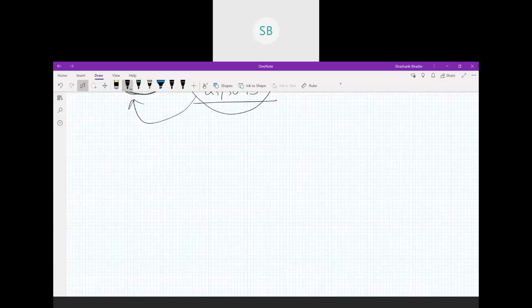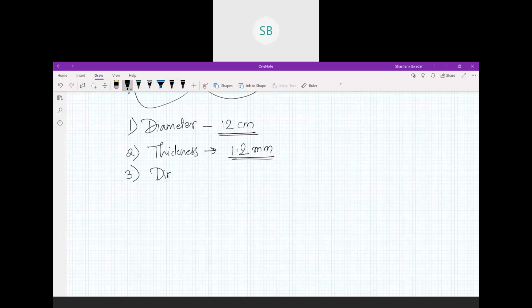The third parameter is direction of rotation. It is anti-clockwise. The fourth one is speed. At a certain speed it has to rotate to read the data, and it generally varies from 200 to 500 rpm.